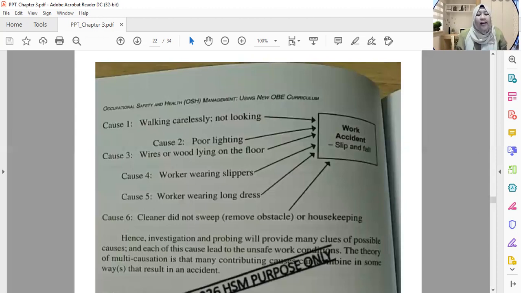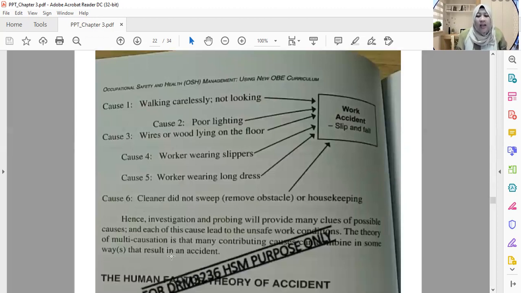And so cause 6 will probably be that the cleaner did not sweep, which is removing obstacles or housekeeping. They just leave the objects, supposedly it has been done, but they are not doing their work. Maybe they have a lack of staff, insufficient staff, so they do not even have the time to go to some department, and then what happened, it probably can become a slip and fall.